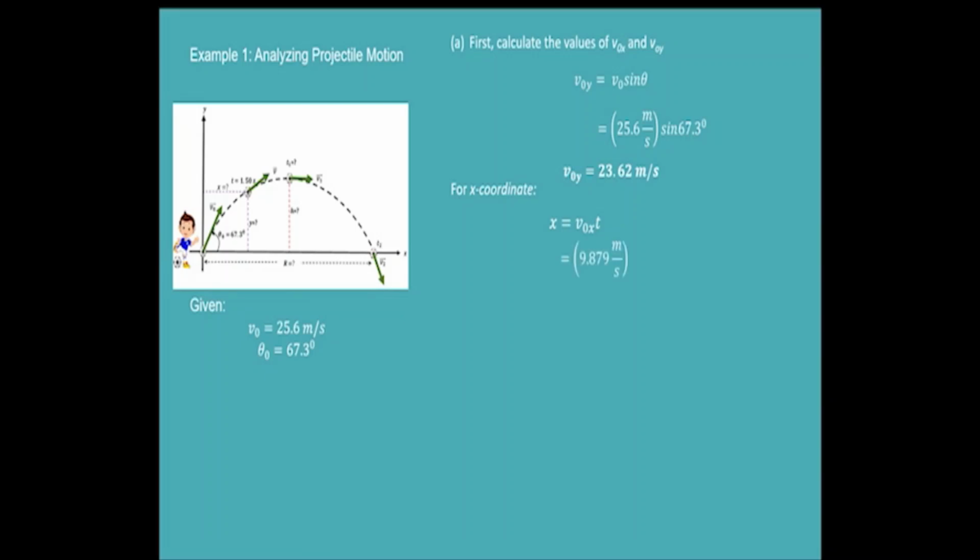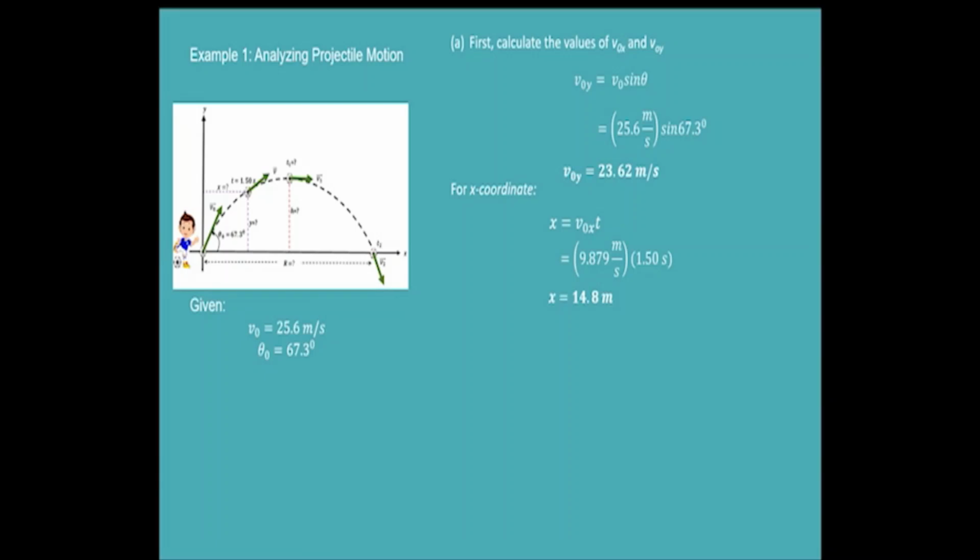The answer is 9.879 meters per second, times our time of 1.50 second. We cancel out second here, so the remaining unit for position is meter. So 9.879 times 1.50, the x-coordinate is equal to 14.8 meters.